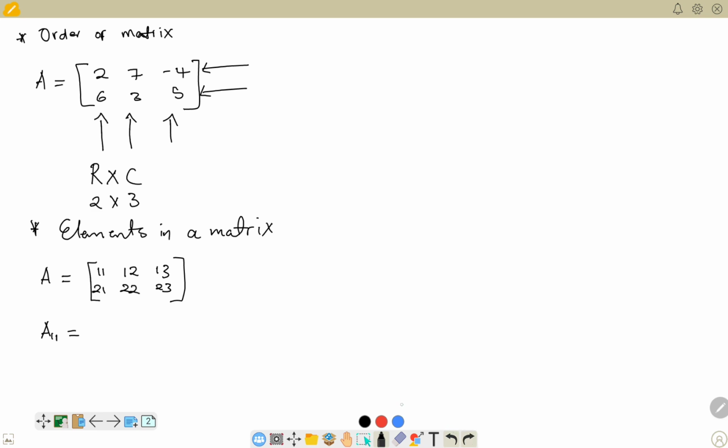Element A11, it's the number which is on the first row and first column. So if we were to identify in that matrix, it's actually 2. Then maybe A23. This means second row, third column. So there it's 5. It's this one here.